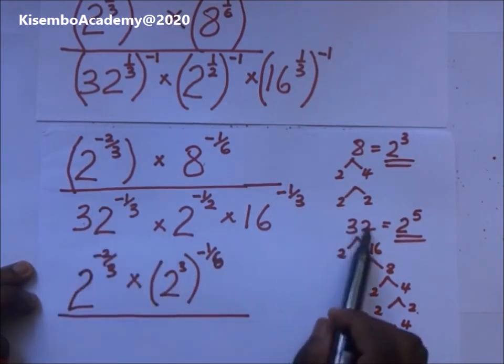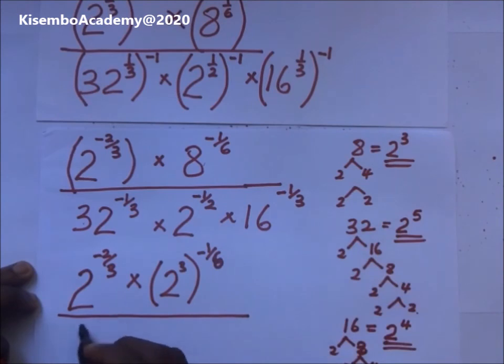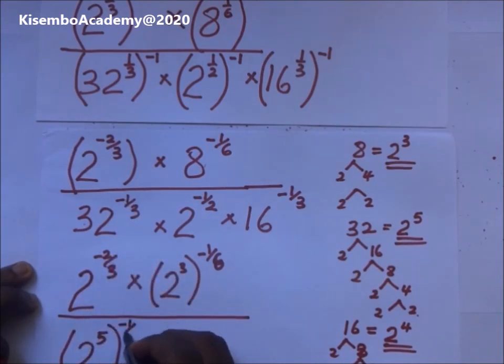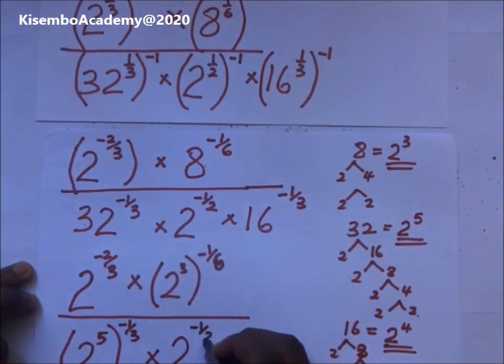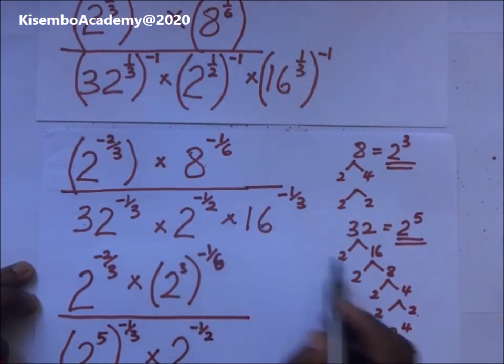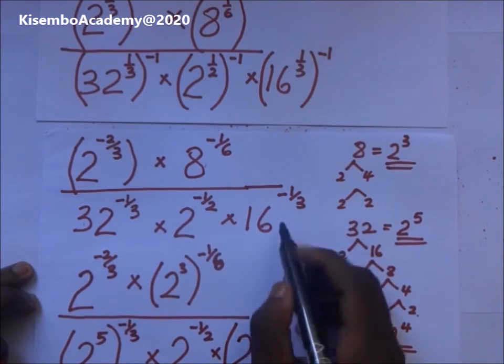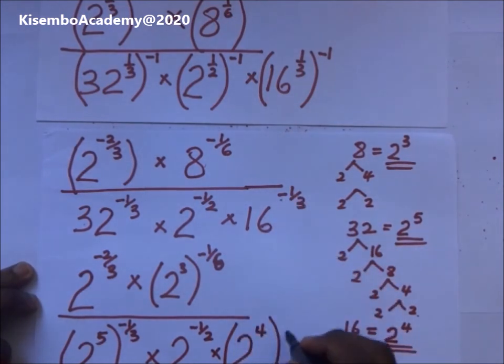Now the 32 has become 2 to the power 5, so it's going to become 2 to the power 5, all to the power negative a third. Multiply that by 2 to the power negative a half. Multiply that by 16. 16 has become 2 to the power 4, so it's times 2 to the power 4, all to the power negative a third.